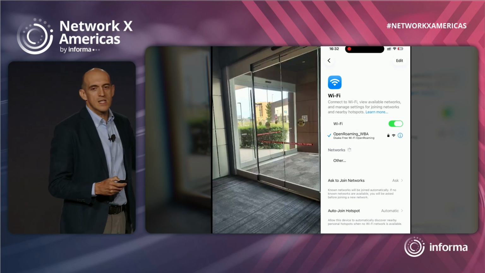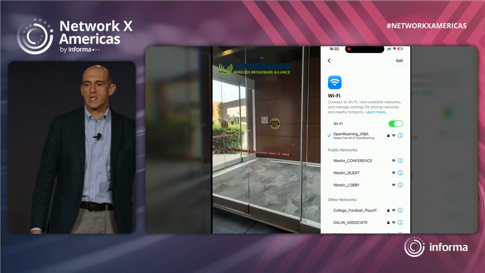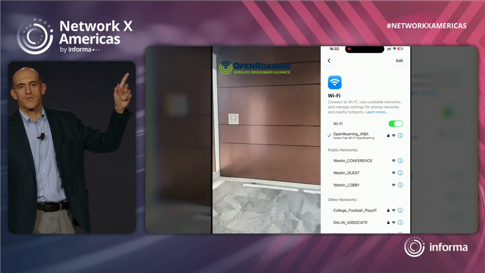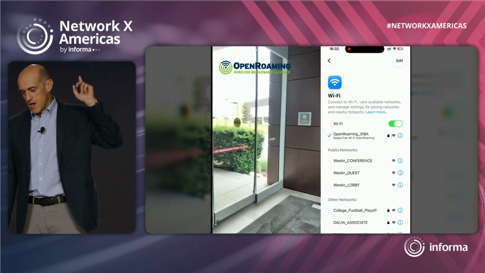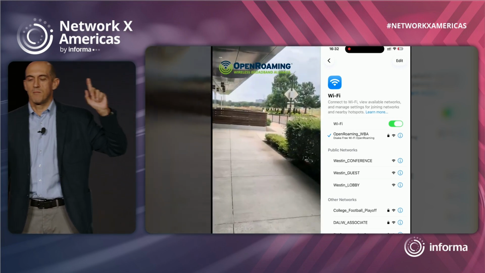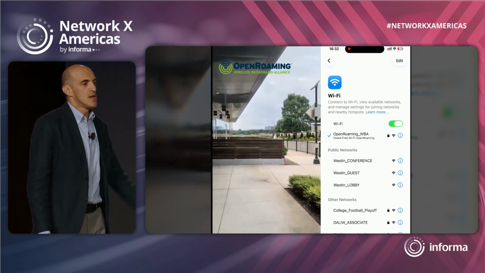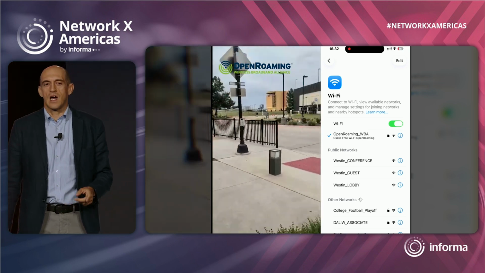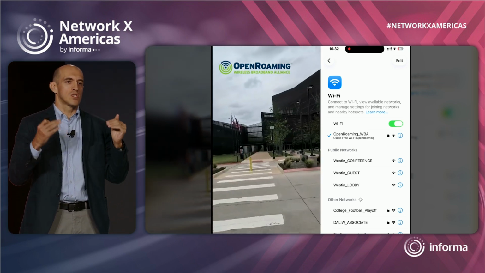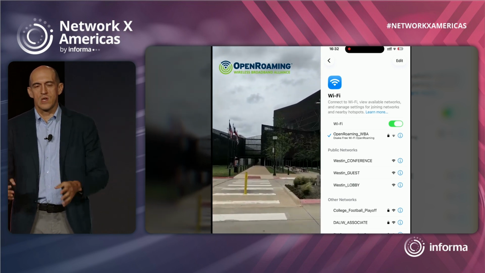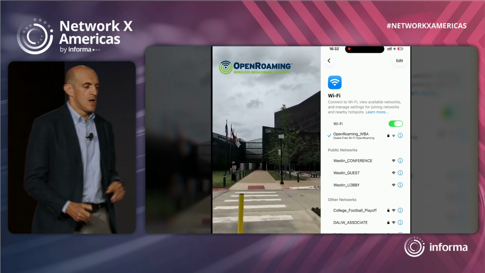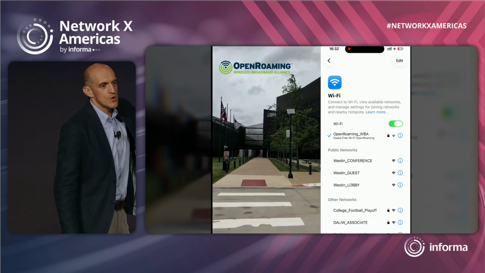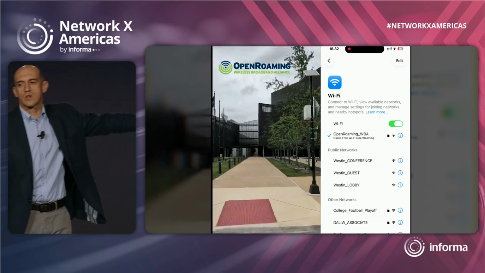As you can see, I'm connected to the Wi-Fi at the Westin Hotel on the other side of the street. I'm using a City of Osaka credential, by the way. I got out of the hotel and start walking through the street, going to this convention center. My Wi-Fi signal, if you look, is starting to lose coverage.